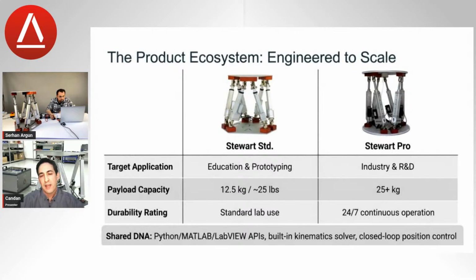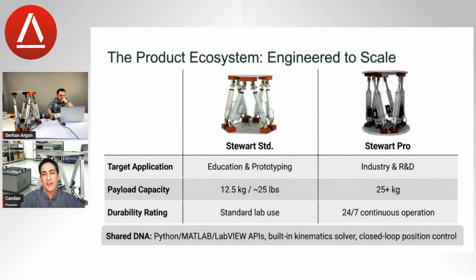The Pro platform, that is the reason we name it Pro or professional, is more tailored towards industrial purposes, heavy duty, or 24/7 continuous operation applications. In such applications, generally higher payloads and speeds are required.